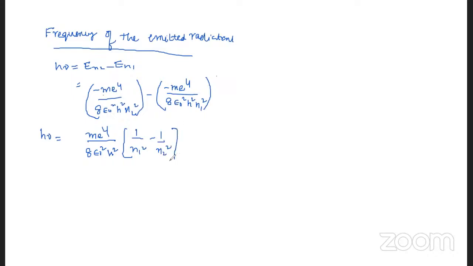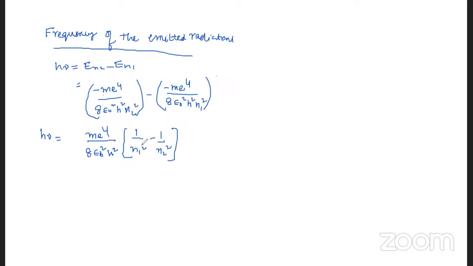So from this relation, we take m e power 4 by 8 epsilon naught square h square outside, and we'll be remaining with 1 by n1 square minus 1 by n2 square.